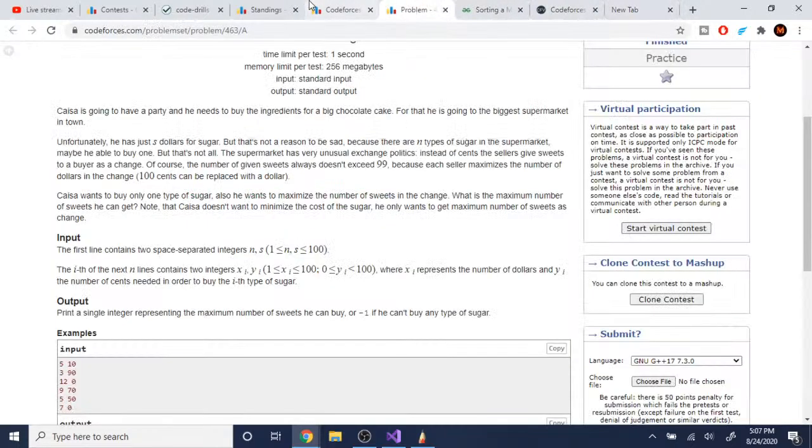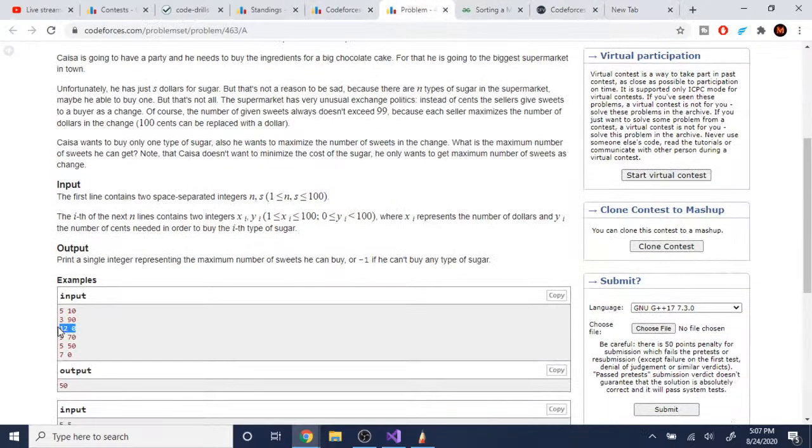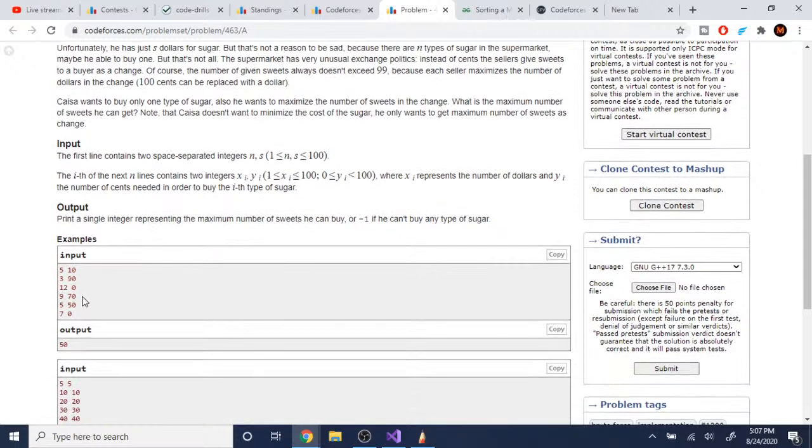So I have 20 sweets. Then I got to do the rest for 12. 12 is impossible. You can't do that. 10 minus 9, so you got 1.